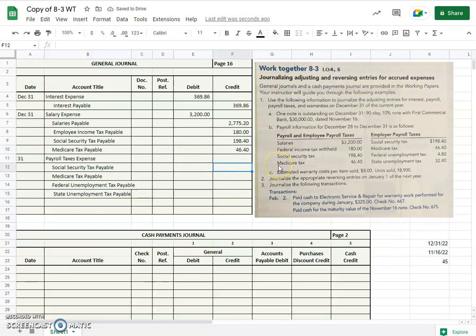And these amounts were given to us as $198.40, $46.40, $480, and $32.40. Notice the Medicare tax is the same on both the employee and the employer side, right? Social Security, same thing. Okay. And now what is our payroll tax expense? Well, we've just got to add all these together.